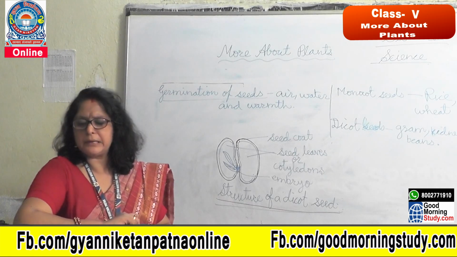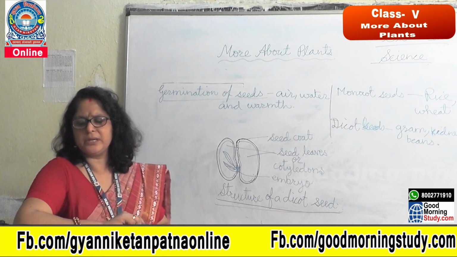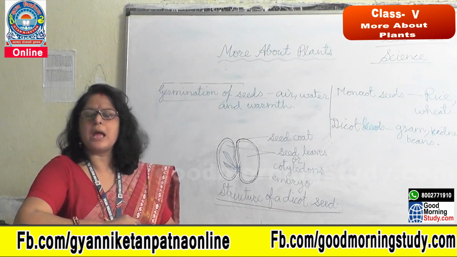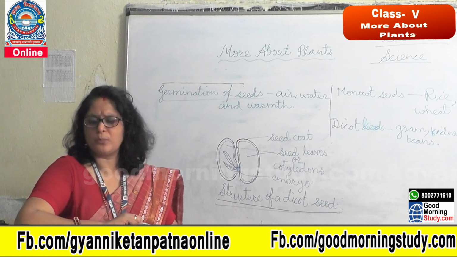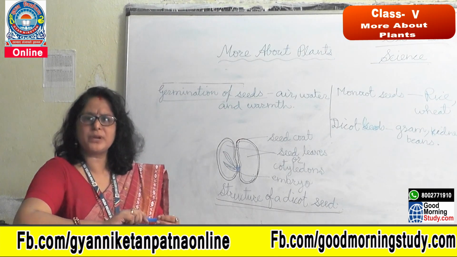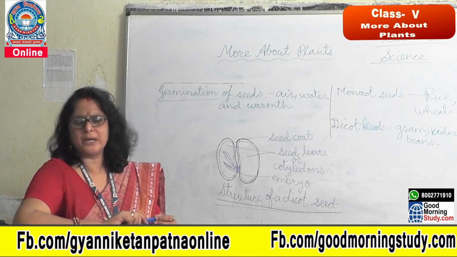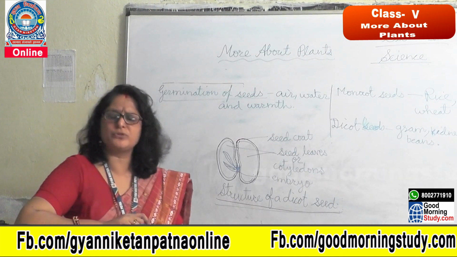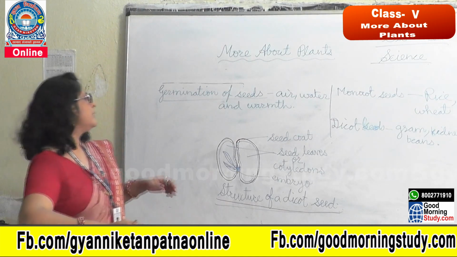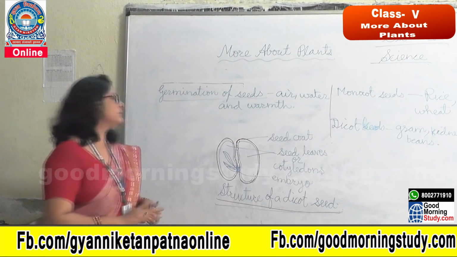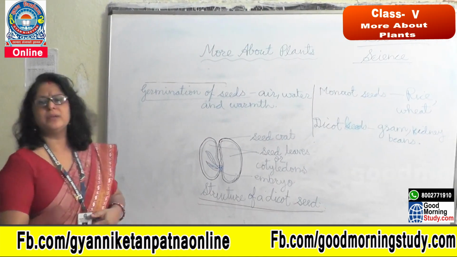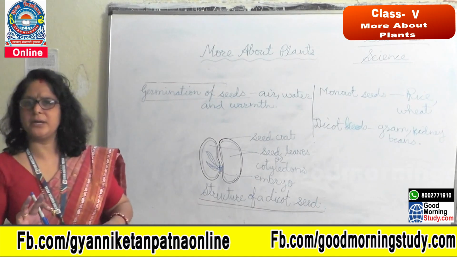So in bowls A and C, one condition is missing. In A, water is not present, and in C, warmth is not present. So only the seed in bowl B germinates. This activity proves that seeds require all three things for germination. If air, water and warmth are not present, the seed will not germinate.